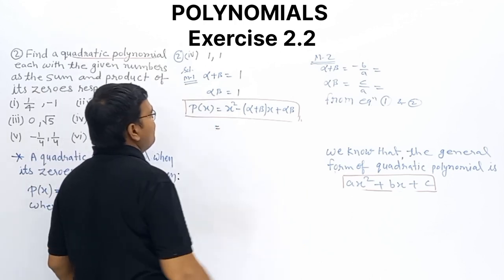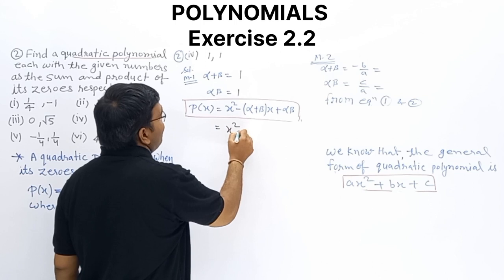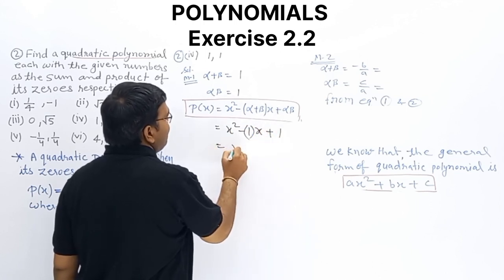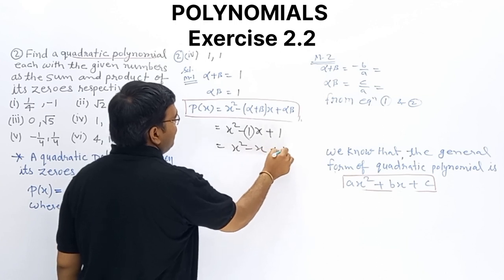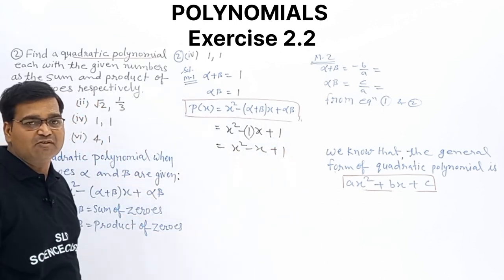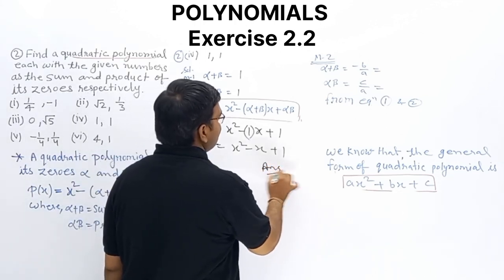Then the polynomial will be, put these values in this equation, x square minus 1x plus 1. Result will be x square minus x plus 1. This is the result, a quadratic polynomial in the form of ax square plus bx plus c. This is our answer.